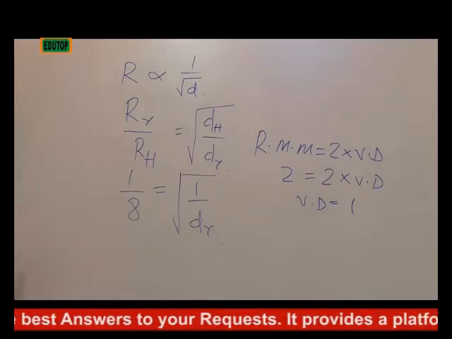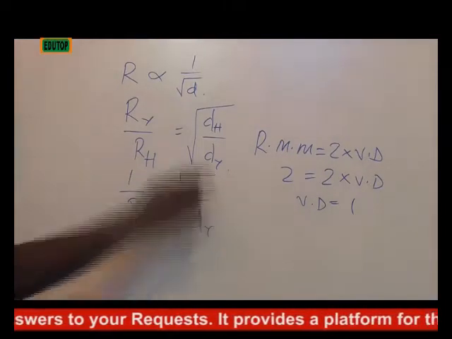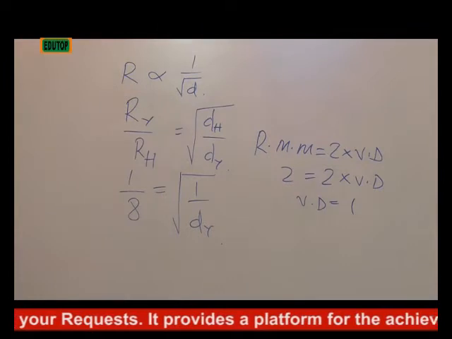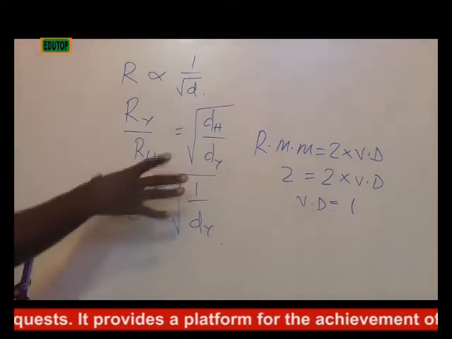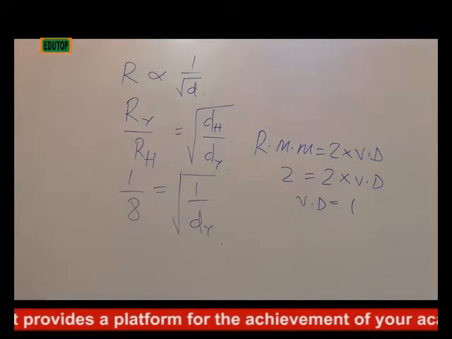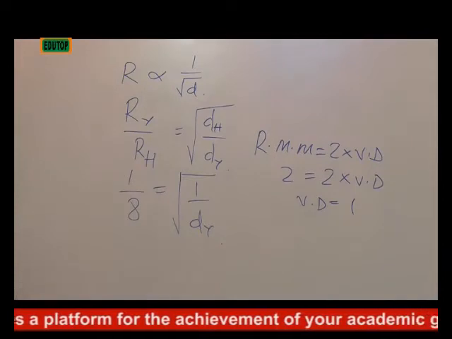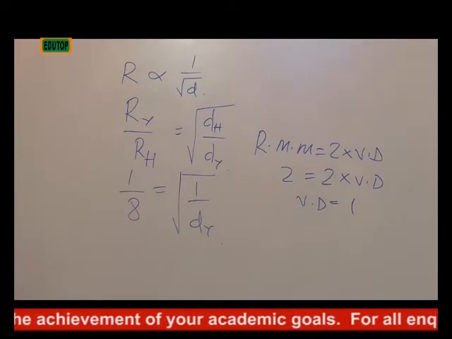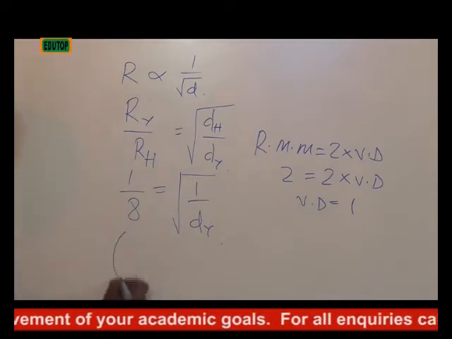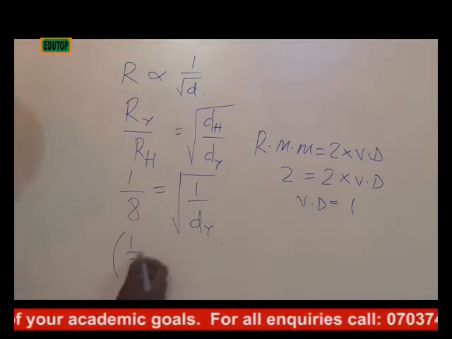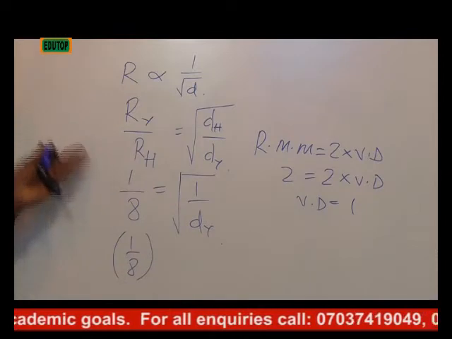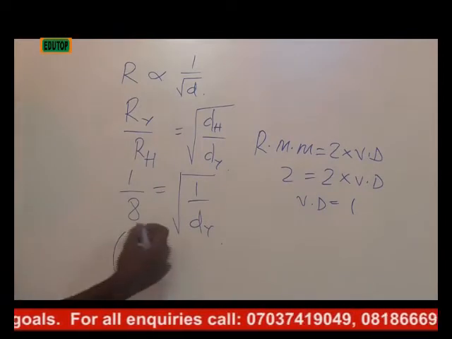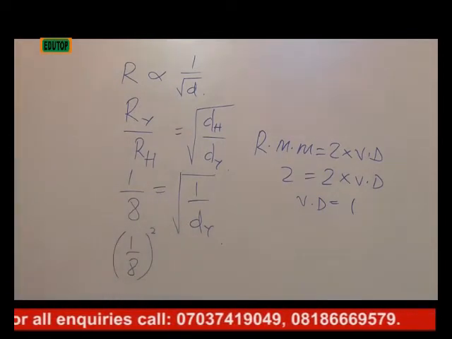Now, this is the equation. If you are now looking for dy, which is the vapor density of Y, all we need to do to both sides of this equation is to take the squares on both sides so as to remove the square root. So when we take squares on both sides, you square the left hand side, it becomes this.